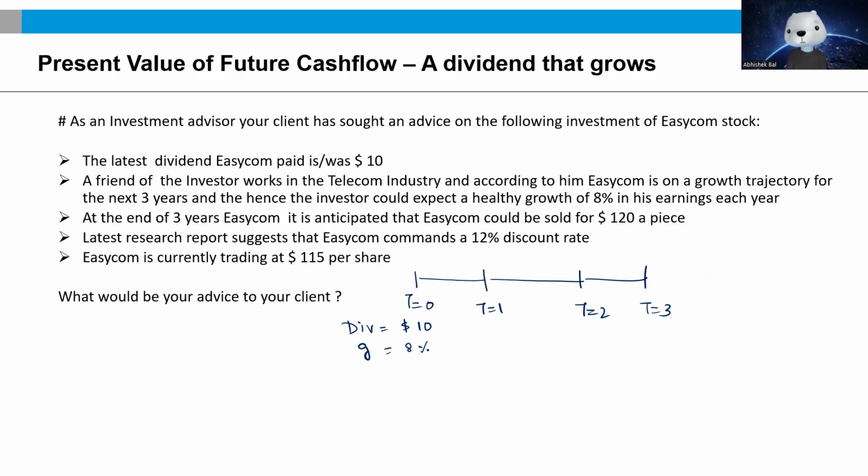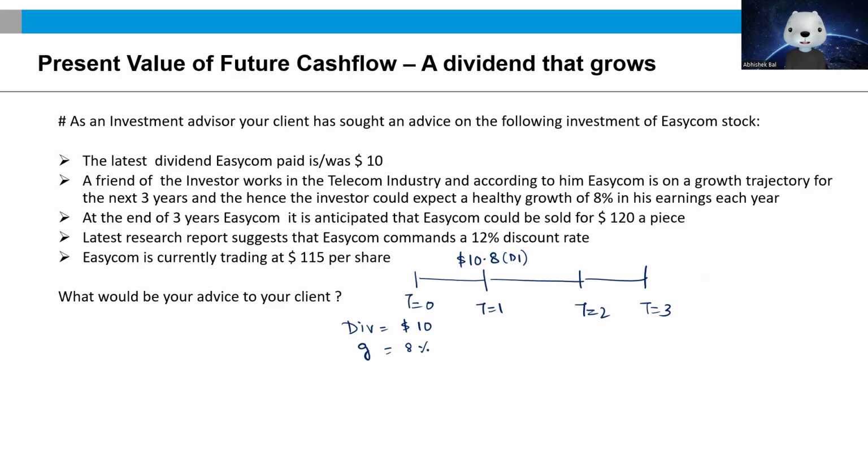That means three dividends we could calculate easily. So 10 into 1.08 for the first dividend. So this happens to be 10.8 dividend. This is dividend number one.